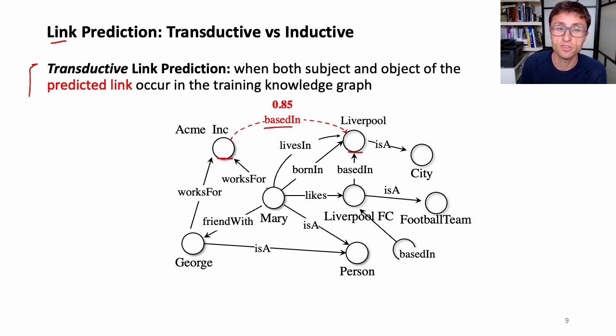So there's no based-in link between Acme and Liverpool. The link prediction task is assigning, for example, a probability estimate that that link is factually correct. This is transductive link prediction. The two nodes are present in the training set from the start. They occur in the training knowledge graph.